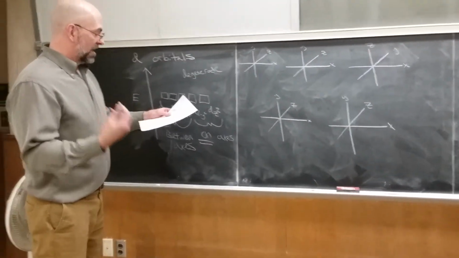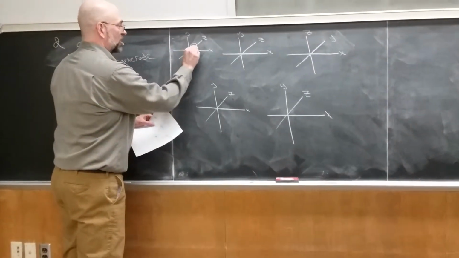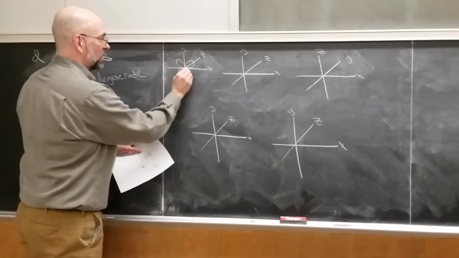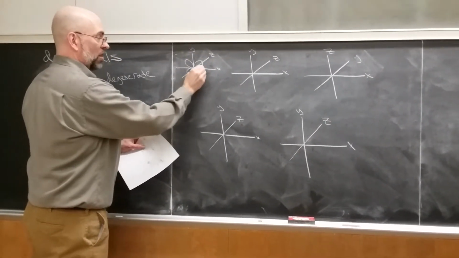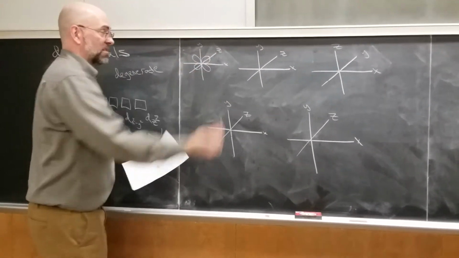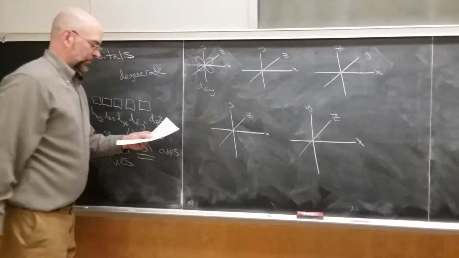So dxy, they lie between the x and the y axis. So one of those lobes is actually on the z axis, and the other lobe is in between the x and the y. So it's not on the x or on the y, it's in between. Well, if it's going to be between the other way, it has to be on the z axis. So that's the dxy.